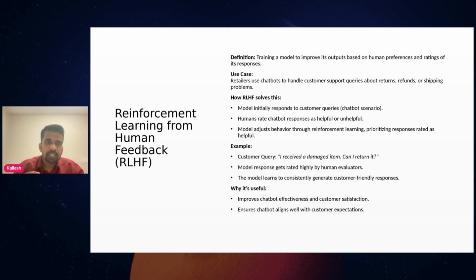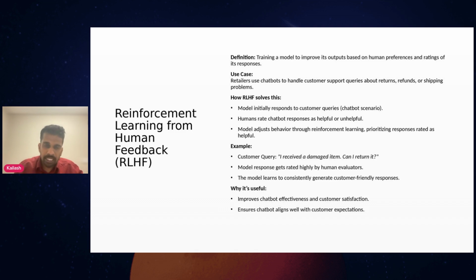So each time the model responds, based on which response the user picks, the model learns to update its parameters, and then the next time the user asks, it responds in a positive way. So here, for each of the positive responses which the model gives, there will be a reward that gets added, so that the model learns how to respond based on the human feedback.